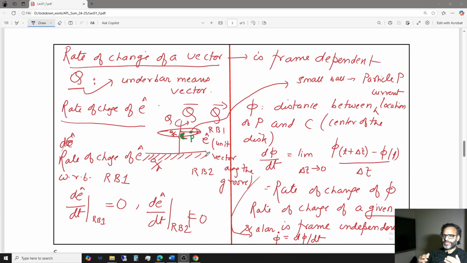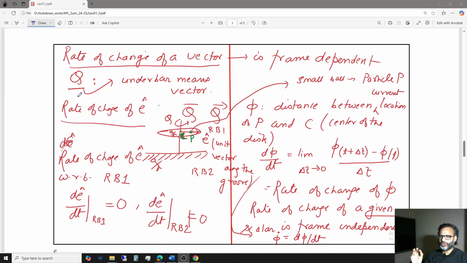Now, building on this concept of the fact that motion is frame dependent, let us now talk about rate of change of a vector. In this course, we will use an underline to denote a vector. Many books put an arrow or a bar on top of the symbol. Fine, that is okay, but it is just my habit that I put an underbar to denote a vector.